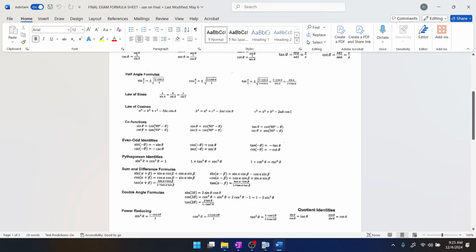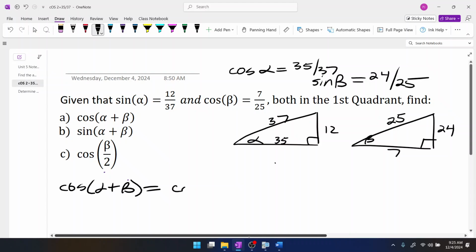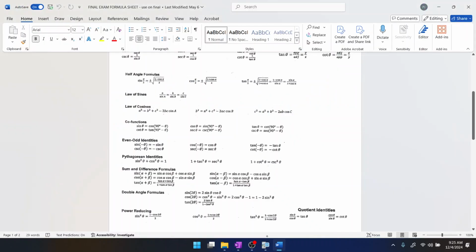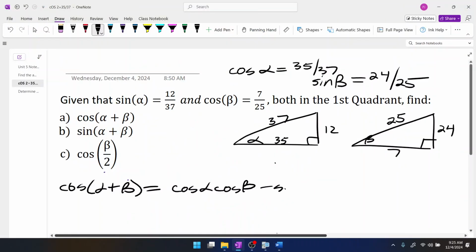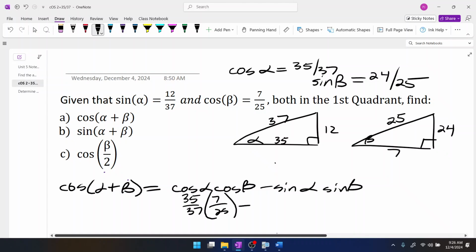All right, so cosine alpha cosine beta minus sine alpha sine beta. So let's see here. We have 35/37 times 7/25 minus sine of alpha, which is 12/37, and sine of beta, which is 24/25.